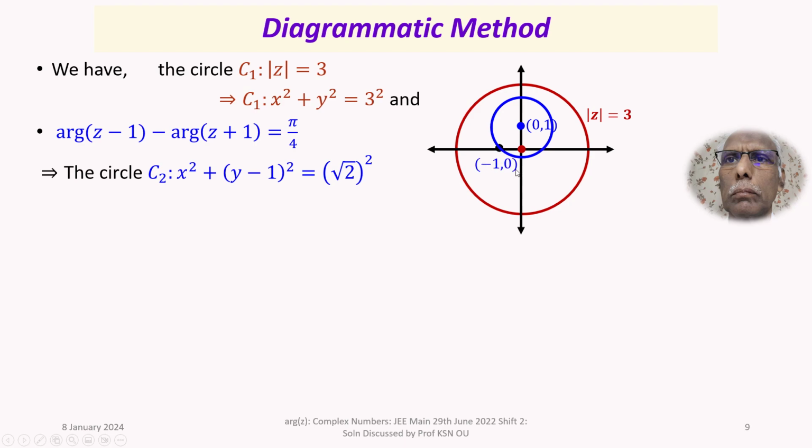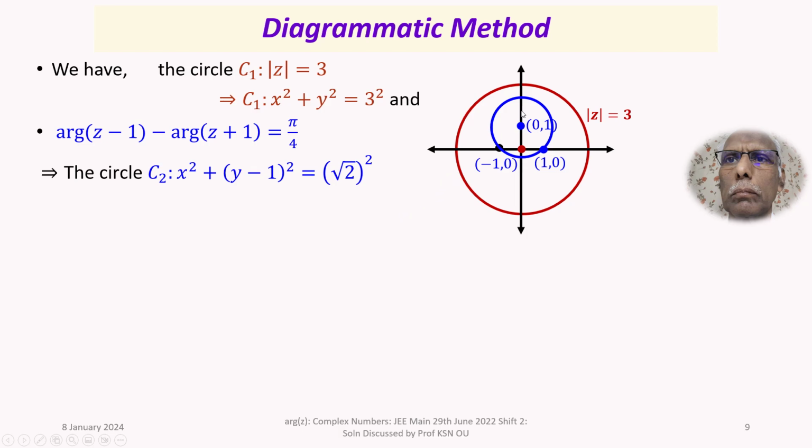That has center (0, 1) and radius root 2, and the chord joining (minus 1, 0) and the point (1, 0). In that, the above portion is the line segment. If you take any point on it and join it to (minus 1, 0) and (1, 0), that will subtend an angle pi by 4 for every point of it.